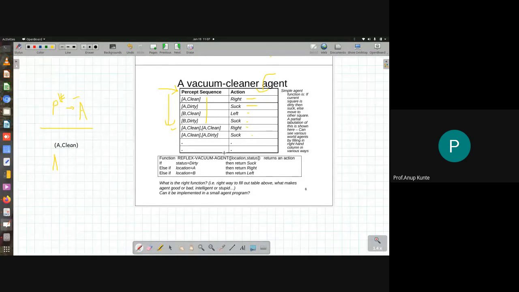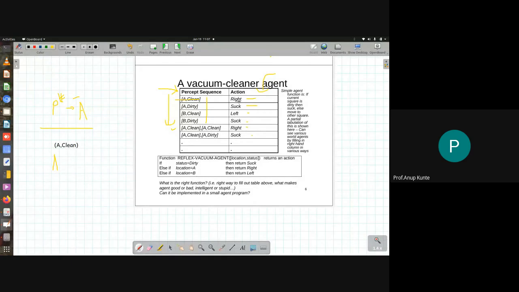But ultimately it is something like a percept sequence mapped to action. So it's like a dictionary where the key of the dictionary is a particular percept sequence, and the value in the dictionary is the action that you choose for that particular percept sequence.